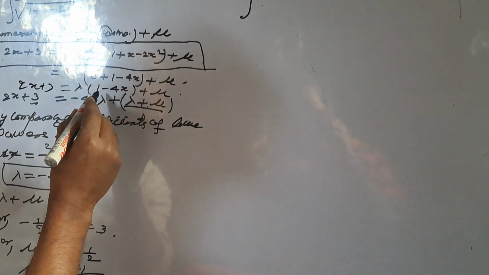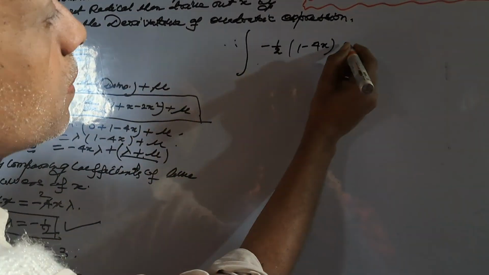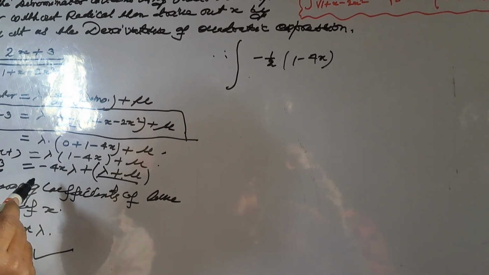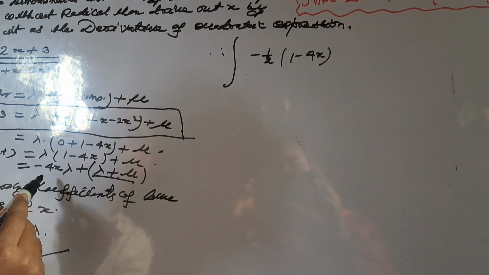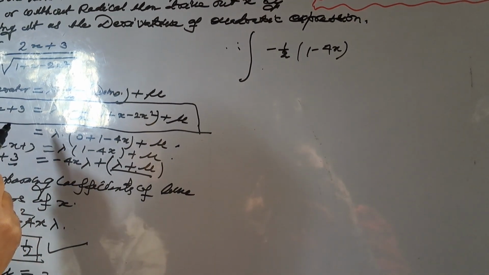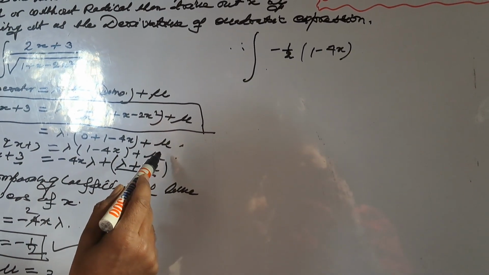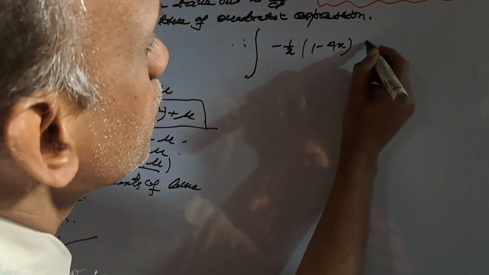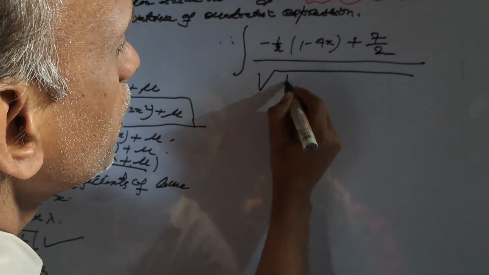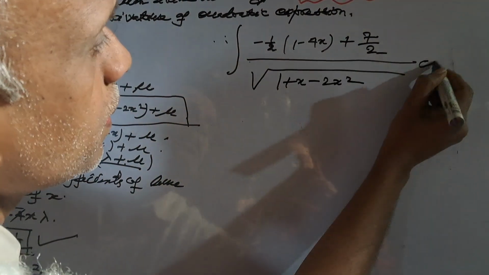So lambda is minus 1 by 2, and this is 1 minus 4x, plus mu, and lambda plus mu, as I have compared, the value of mu is here 7 by 2, and this is under root 1 plus x minus 2x square dx.